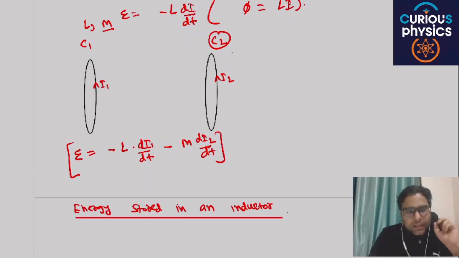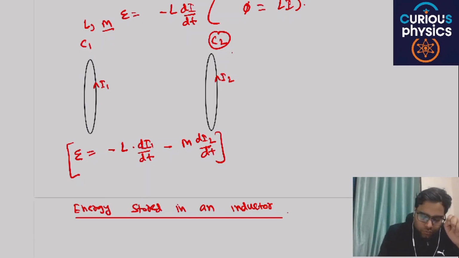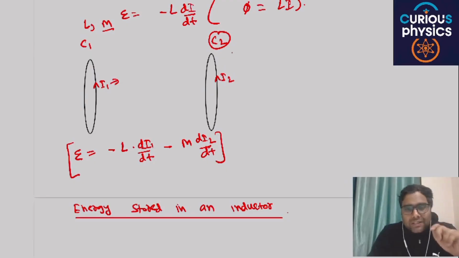If I1 current is moving in coil C1, then the induced EMF will try to flow a current opposite to the direction of I1. That means if you want to flow a steady current I1 through the coil C1, then you have to apply external work.